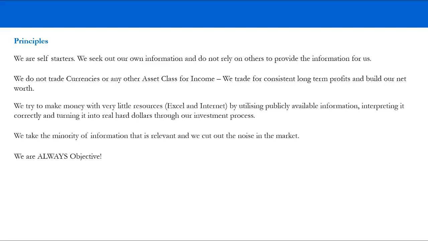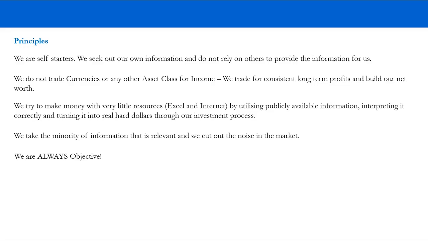Another thing that we are going to look at briefly here, in the same vein as being a self-starter, is we don't look to trade currencies or any other asset class for that matter for income. Because when we've analyzed, in particular, the Forex markets, we know that this is just a fallacy coming from people who have the conflict of interest.